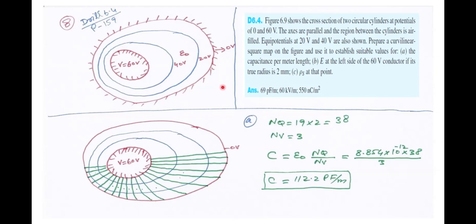Take a drill problem. This problem is given on page 159 of the book, drill problem 6.4. In this problem we are again given a coaxial capacitor, such that the potential on the inner conductor is 60 volts and the outer conductor is connected to zero potential.